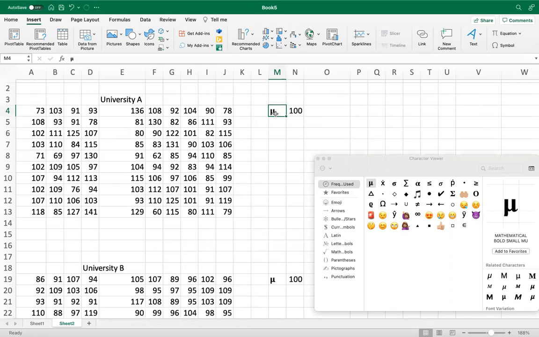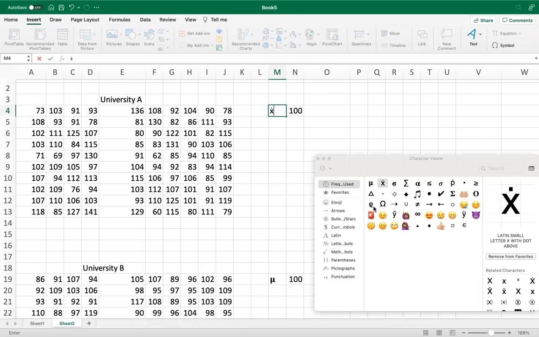So actually, this would be X bar, not the mean. Same thing down here, because this is a sample of the data. So now our standard deviation is going to be denoted as S, our sample standard deviation. So STDEV of the sample.